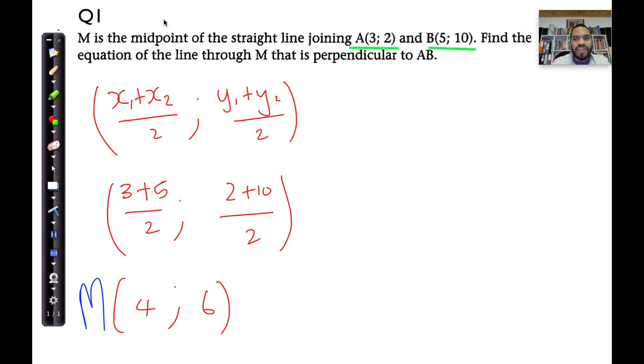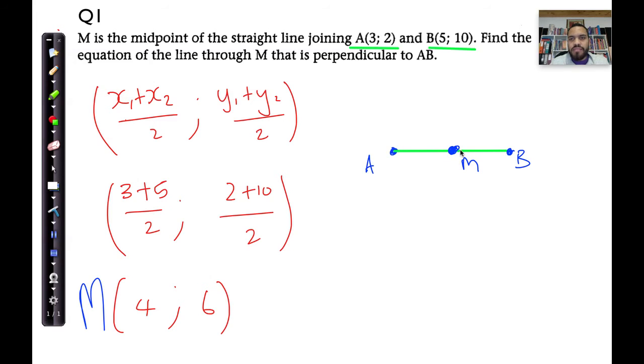So now we know that, right? Find the equation of the line that goes through M but is perpendicular to AB. So if I had to draw this, I could say, for example, this is A, and this is point B over there. And somewhere in the middle I've got M, which is over there.